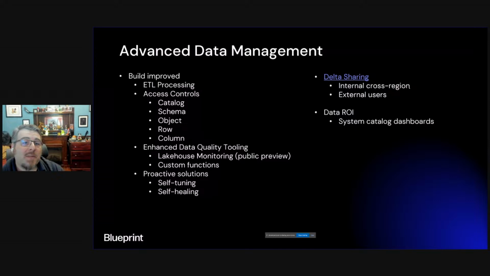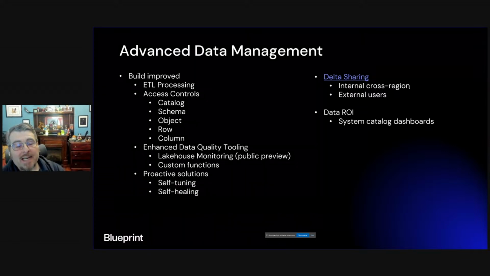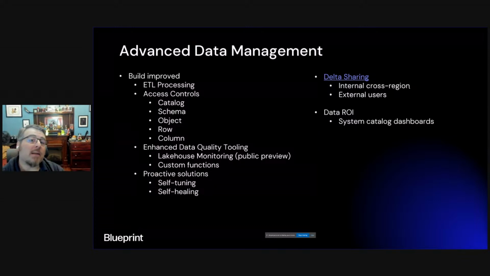That user doesn't even have to be in Databricks. They could be a Power BI user or a Tableau user. And you could provide them Delta share access directly to the data, and their access wouldn't impact your compute costs at all. It would only impact your storage and egress costs. So this is another link that I'd like to share with you. If you haven't looked into Delta sharing and you have need to share cross-region or externally, definitely hit up this link to find out more.